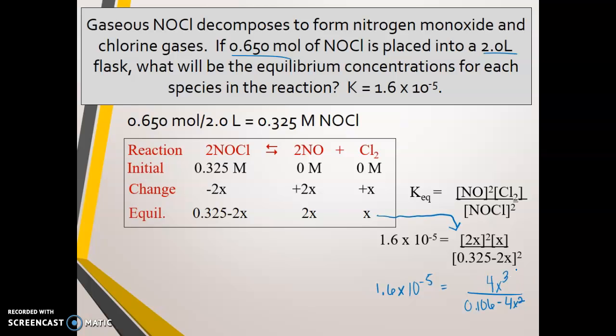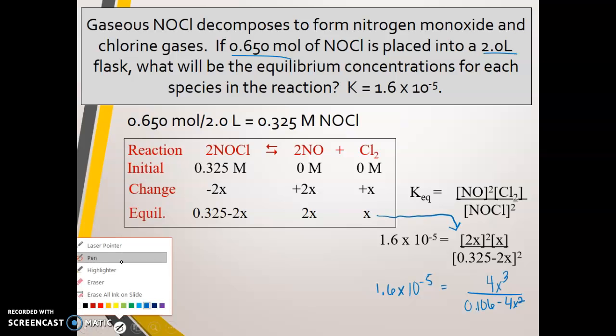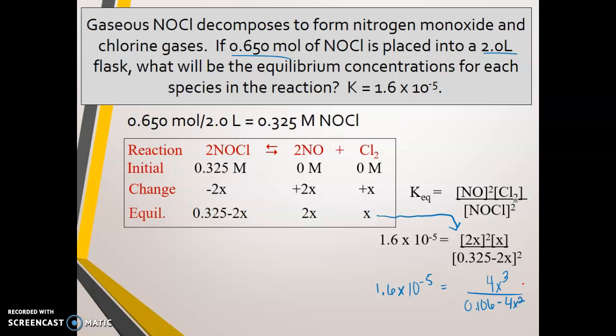So you will notice that the power for x on the top is not equal to the power of x on the bottom. When this happens, you're going to find wherever your x is added or subtracted, and you are going to say that that is going to be such a small amount that it is not going to have much effect.